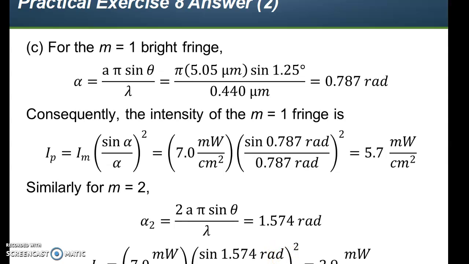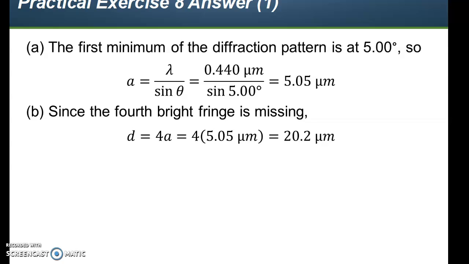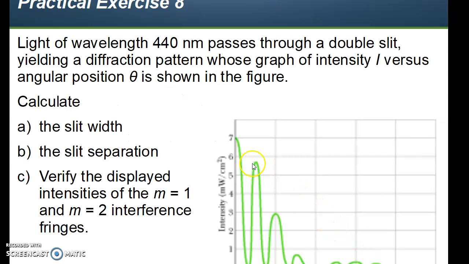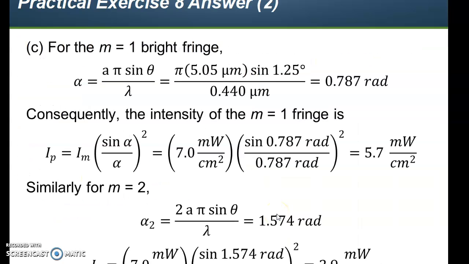And this gives you 2.9. Going back to this figure, you'll see that this right here is about 5.8 or so. This right here is about almost exactly 3. Okay, so 5.7 and 2.9.